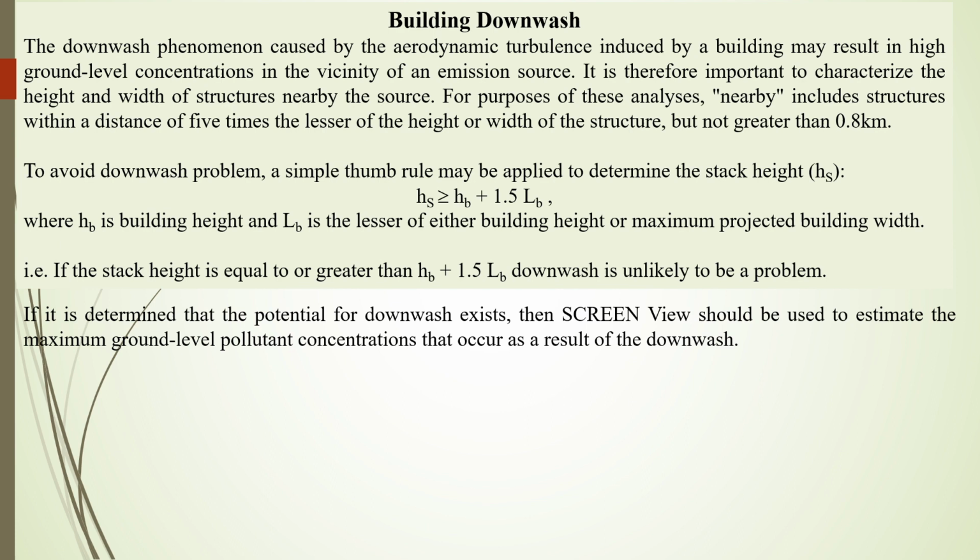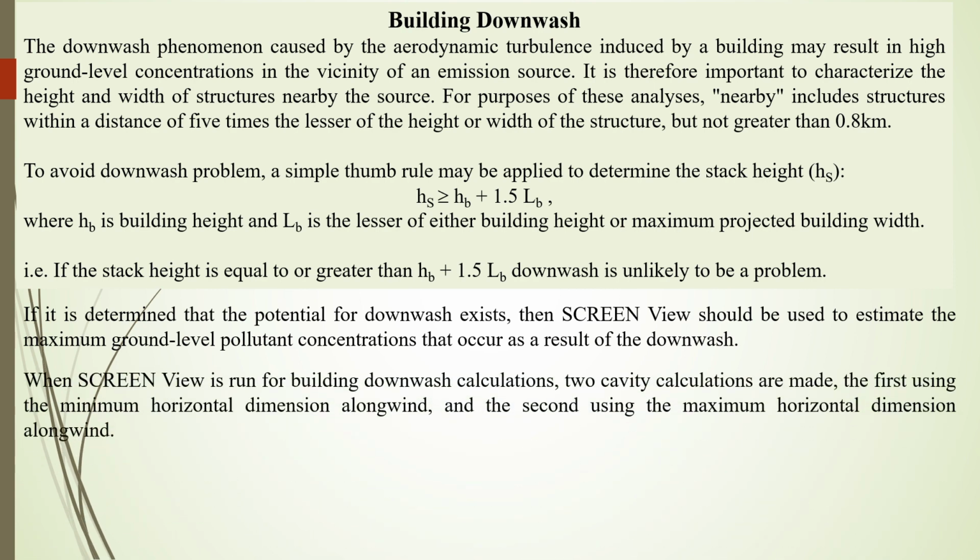So if it is determined that the potential for downwash exists, then SCREEN View should be used to determine the maximum ground level concentration that occurs as a result of downwash. And when SCREEN View is run for building downwash calculation, two cavity calculations are made: one using the minimum horizontal dimension, that is cavity 1 in our case, and the second using the maximum horizontal dimension, that is cavity 2.